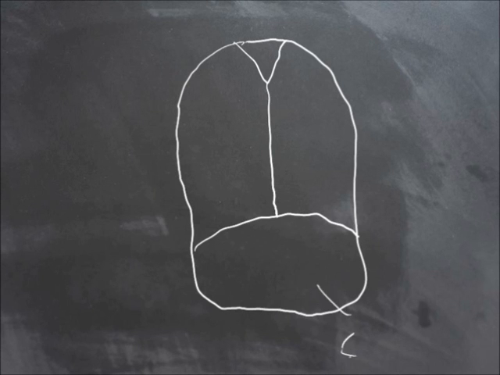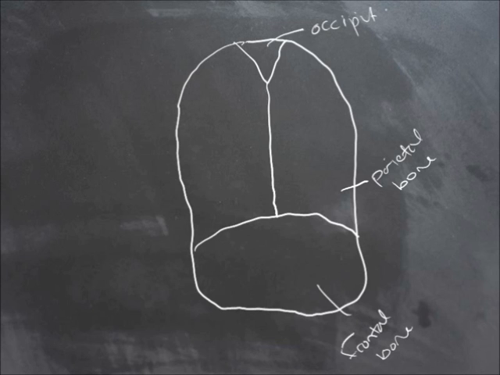This is the frontal bone. This here is a parietal bone. And right here, you have the occipital bone. Okay.